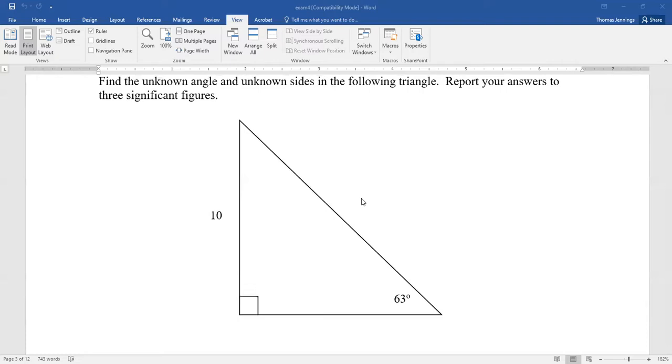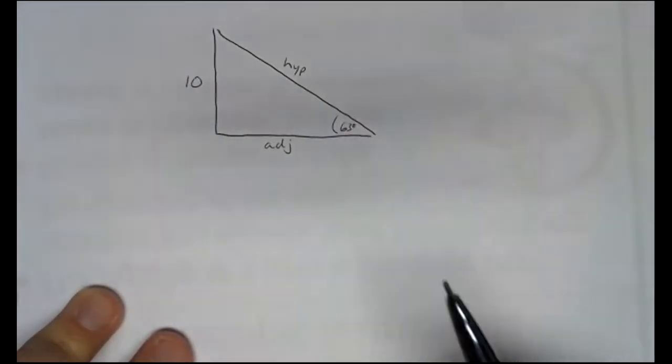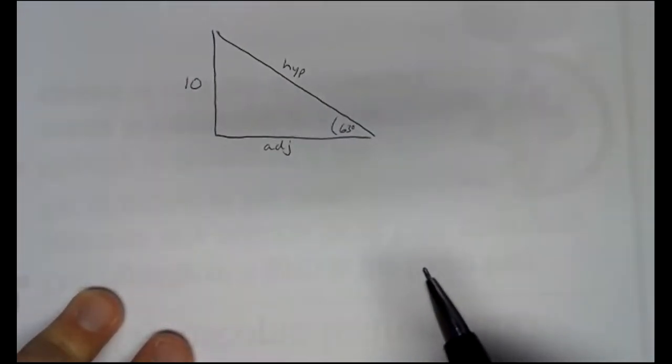So if we look at the triangle, we've got a 63-degree angle in the lower right-hand corner, and we've got the opposite side, which is 10. We're missing the hypotenuse, and we're missing the adjacent side.